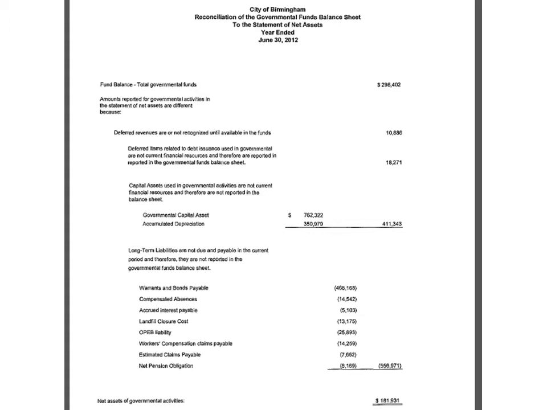And so it's going to show you these long-term liabilities that are not included on the governmental fund sheet, as well as these items of deferred revenue and capital assets that are, again, long-term in nature. At least the capital assets are long-term in nature, so of course they're not included on the governmental fund statement.